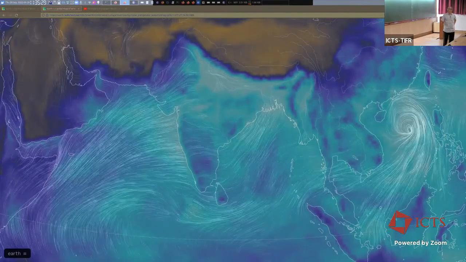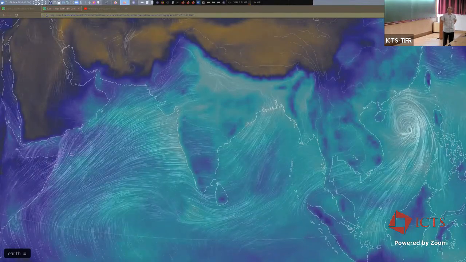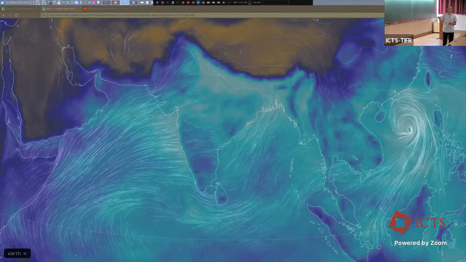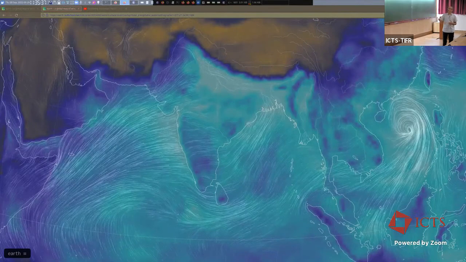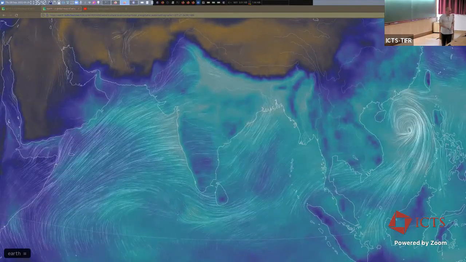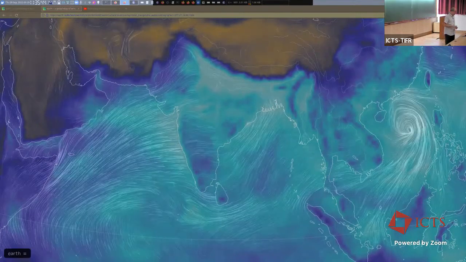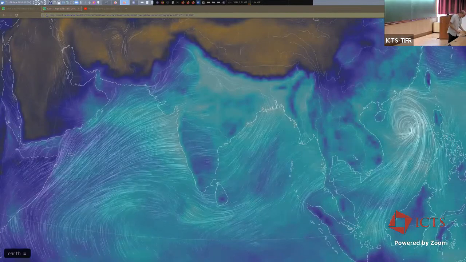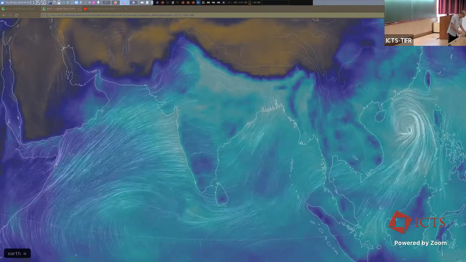But the point is, now the winds are coming from the ocean side towards the Indian subcontinent, and that is what essentially causes the largest amount of rainfall during the monsoon season. This could be shown for July, August, September, and so on. Okay, let me go back to the slides now.